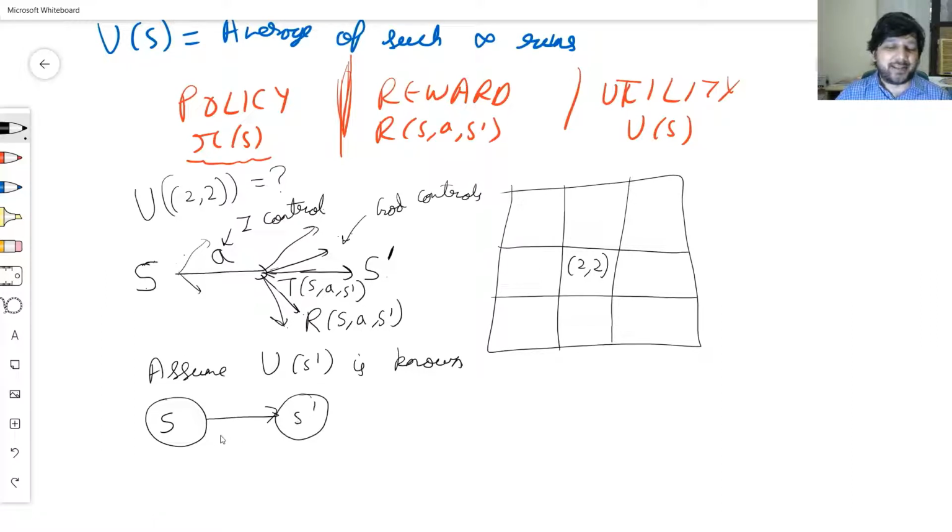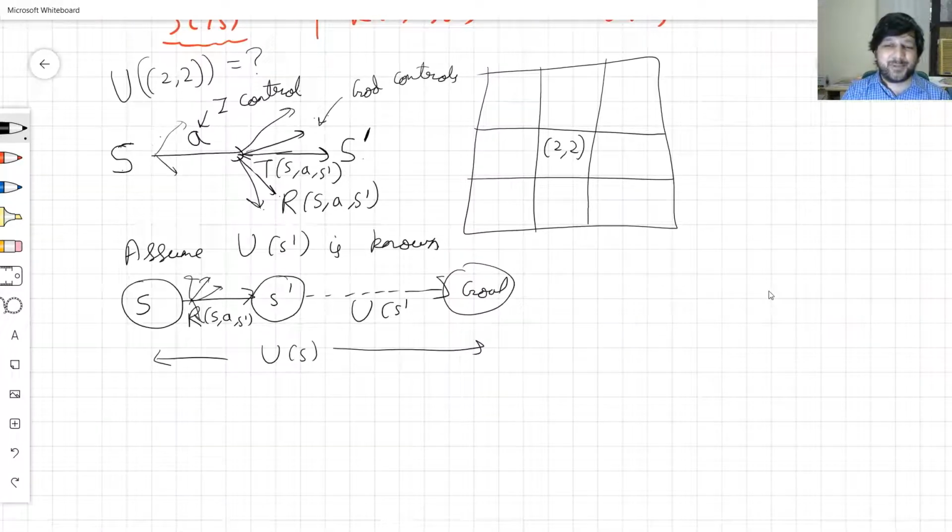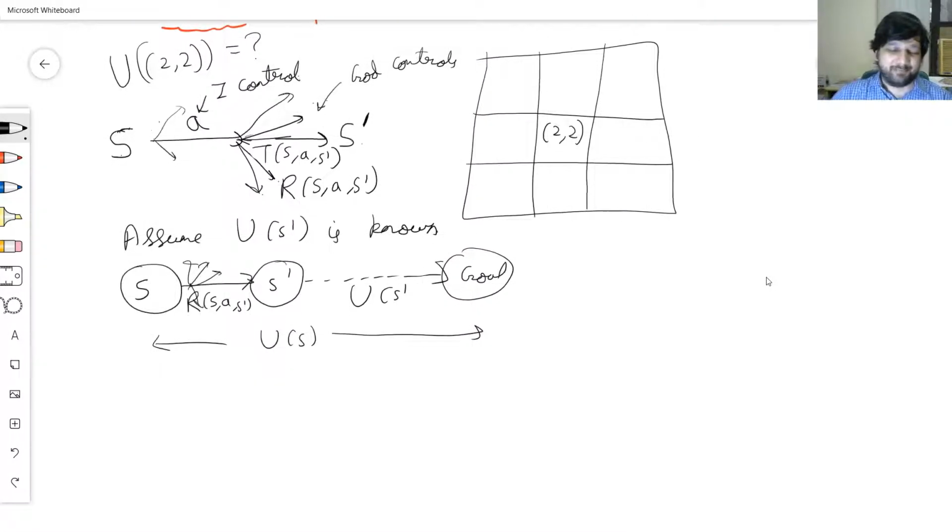From S to S dash, I collect R(S, A, S dash), and remember S to S dash is one of the many branches possible. And from S dash to the goal, I will get U(S dash). What is my U(S)? It is here. What's the total summative rewards? So it's the same as Dijkstra's, except for Dijkstra's it was cost, so we had to minimize. Now it's rewards which we need to maximize.